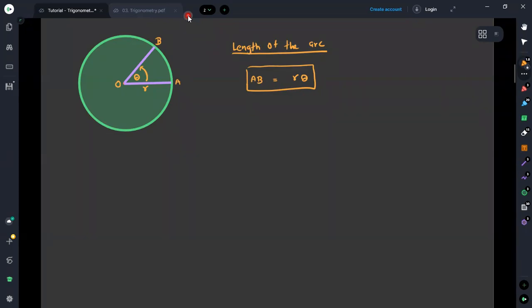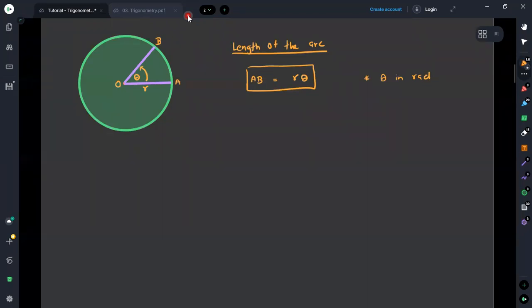When we use this equation to find the length of an arc, we have to keep in mind that theta has to always be in radian measures. The length AB equals r times theta, where r is the radius of the circle and theta is the angle subtended at the center of the circle.